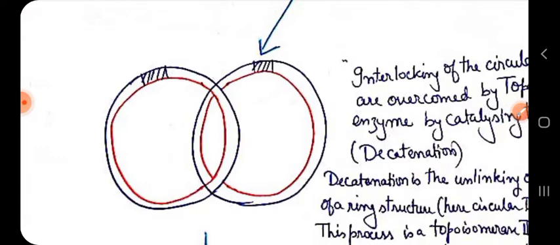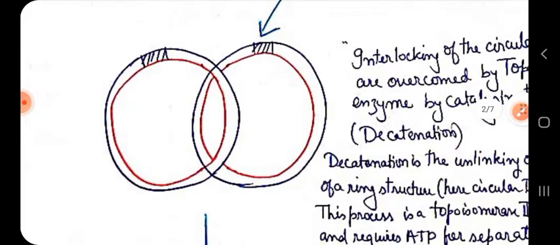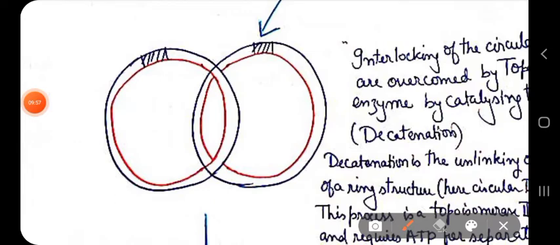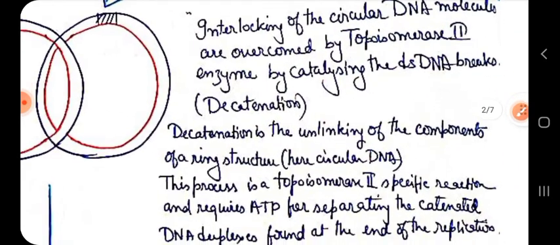These are the interlocked circular DNA molecules, each having one parental strand shown in black and one newly synthesized strand shown in red. So these two daughter strands are now interlocked, which has to be overcome by the action of topoisomerase enzyme. Topoisomerase enzyme will catalyze these double stranded DNA breaks, which is known as decatenation.